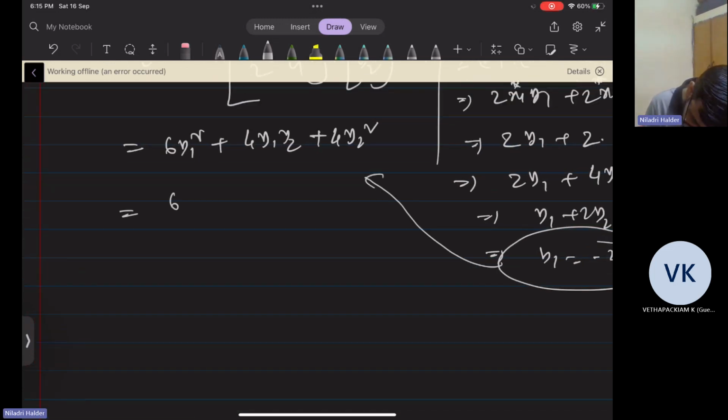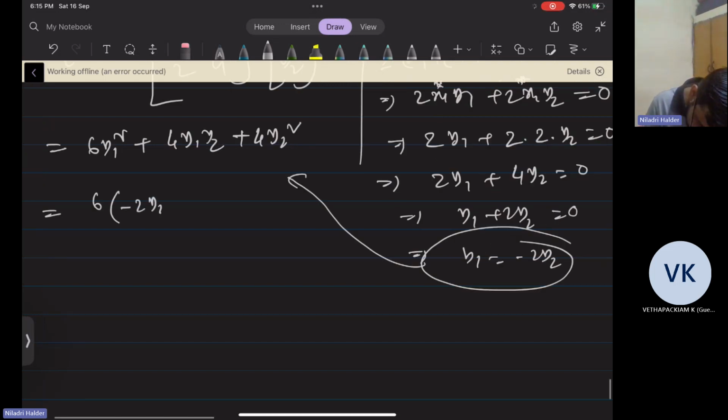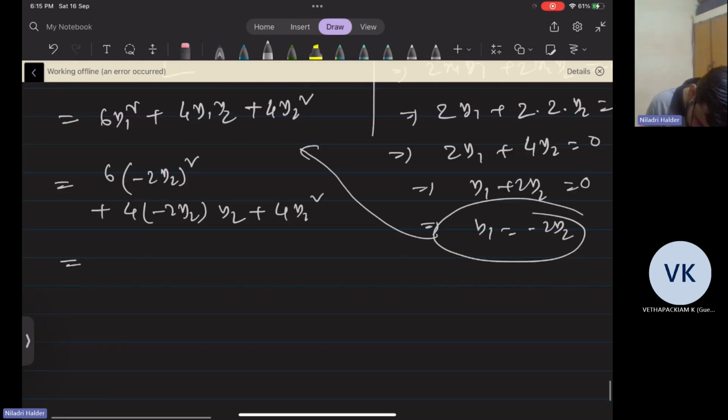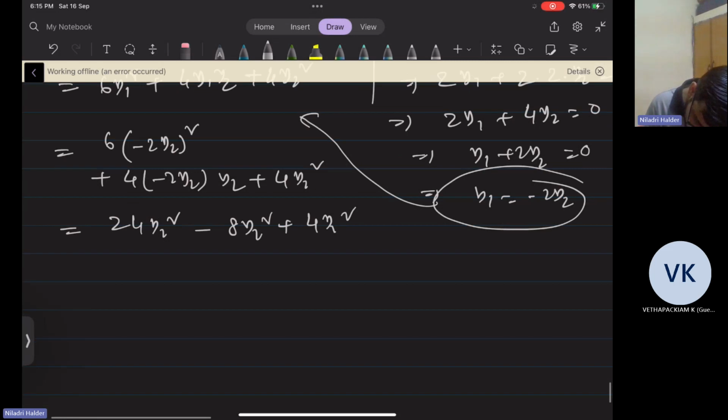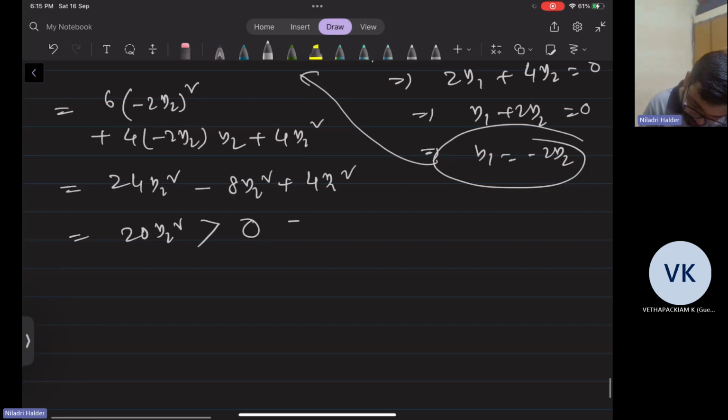That is 6 into (minus 2y2) square plus 4 into minus 2y2 into y2 plus 4y2 square, which is 24 y2 square minus 8 y2 square plus 4 y2 square, equal to 20 y2 square. So this is greater than 0, so SOSC is satisfied.